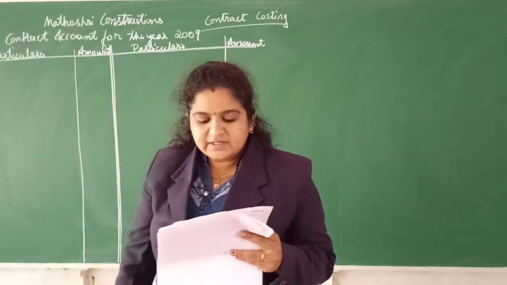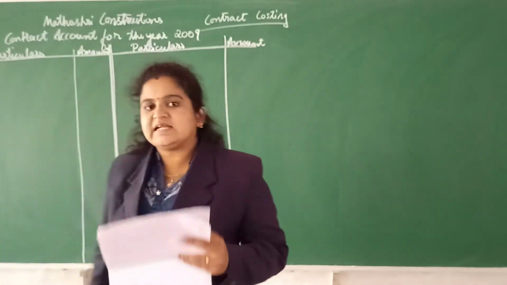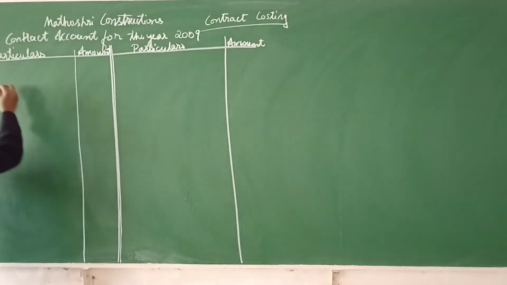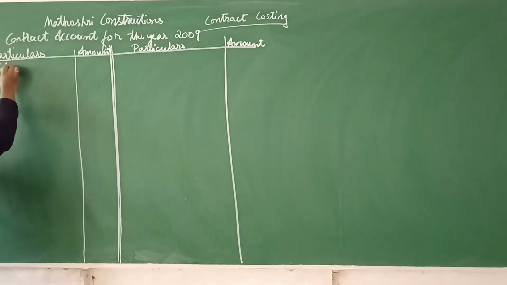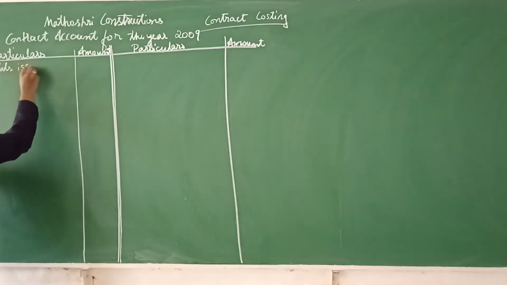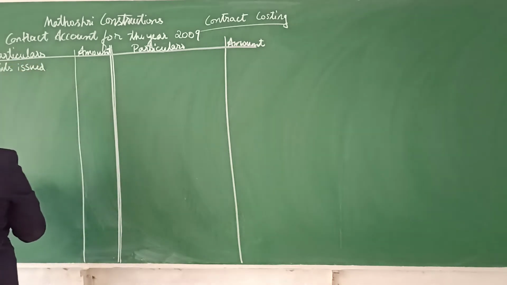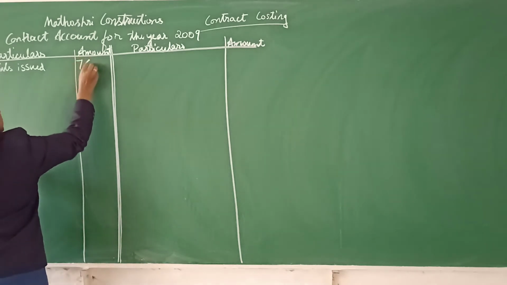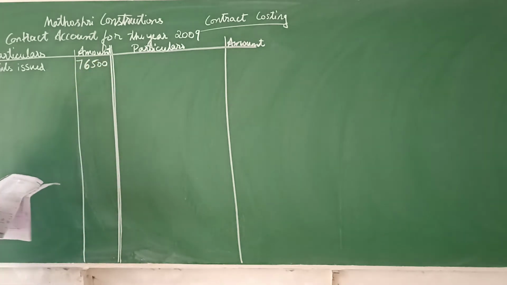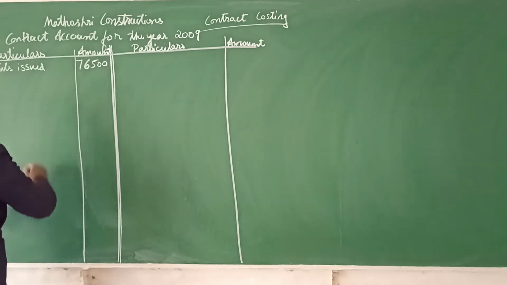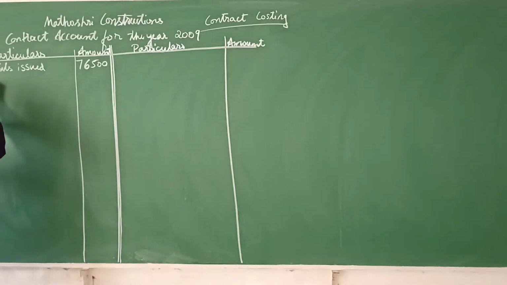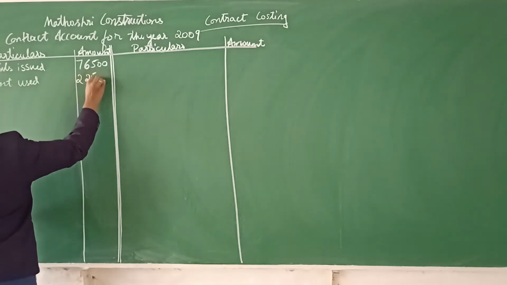First point is materials issued to contract. That has to be taken on the debit side. To materials issued, the amount is 76,500. Next is plant used for contract, 22,500. To plant used, 22,500.